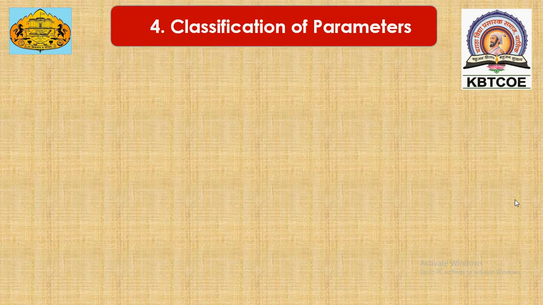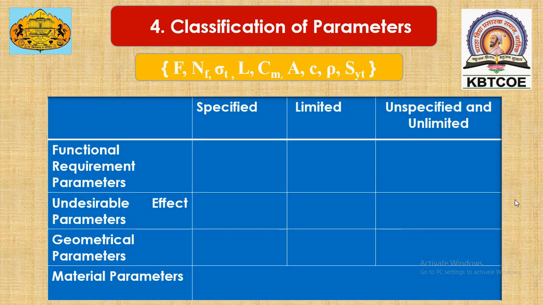Now once you write down all these design equations, next you have to classify the parameters. Whatever parameters are given in the problem, note down all of them and classify them as specified parameter, limited parameter, and unspecified and unlimited parameter. Now you see F, NF, sigma T, L, CM, A, C, rho, and SYT.